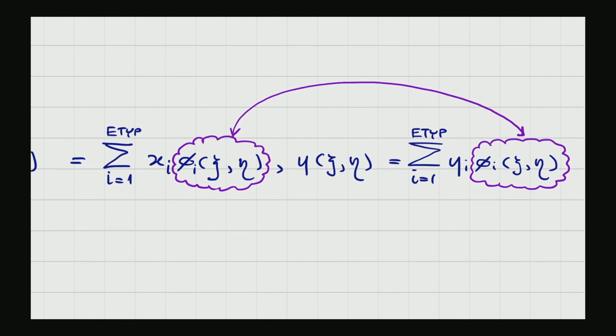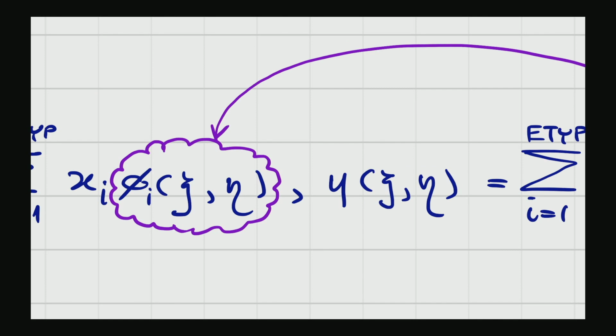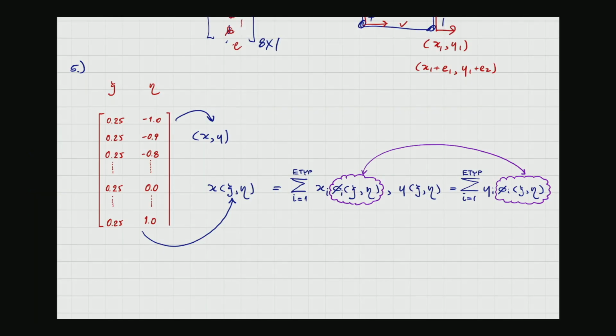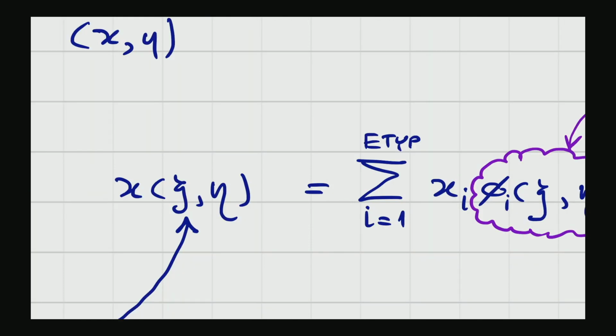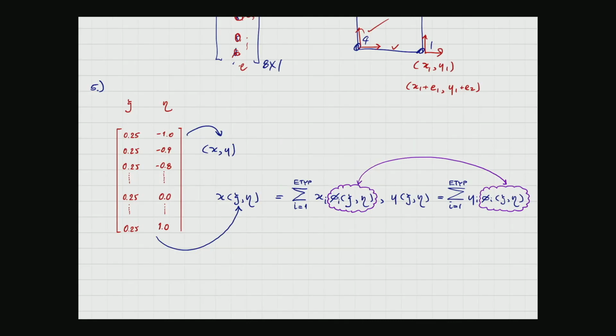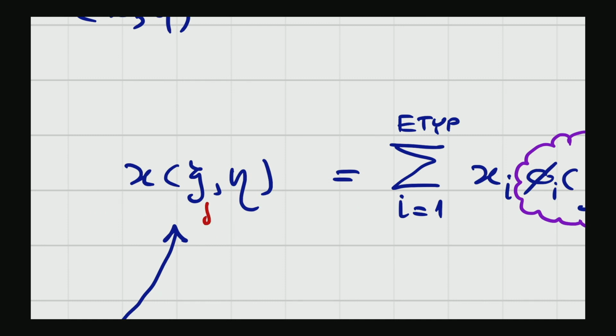The C and eta are coming along with the subscript j.